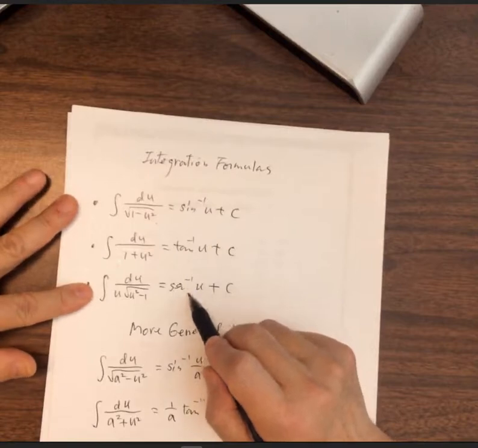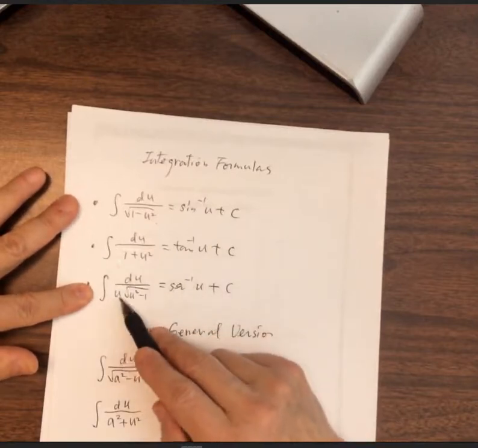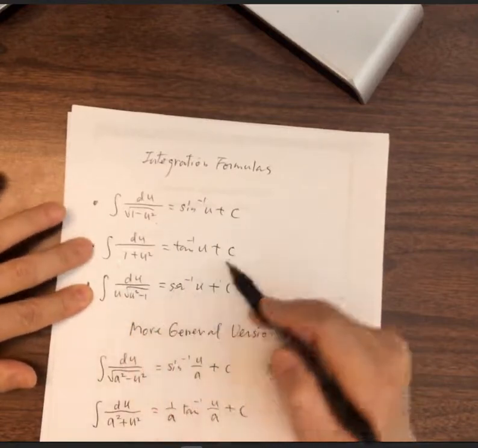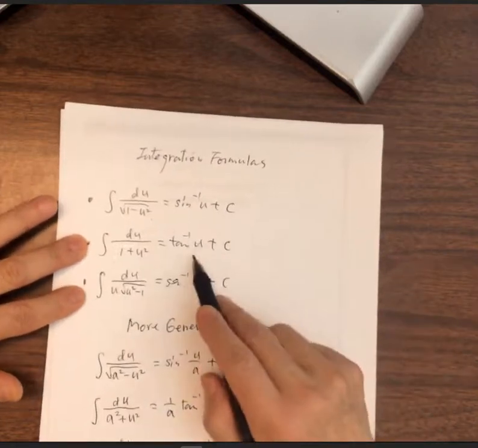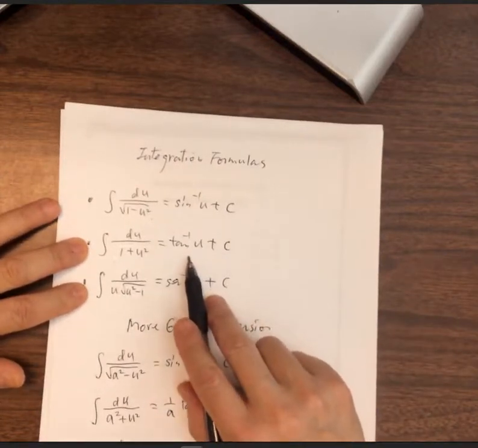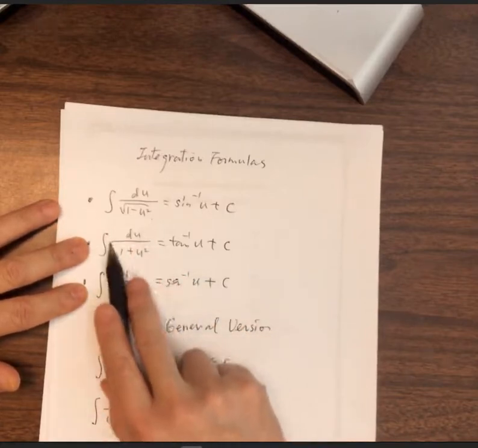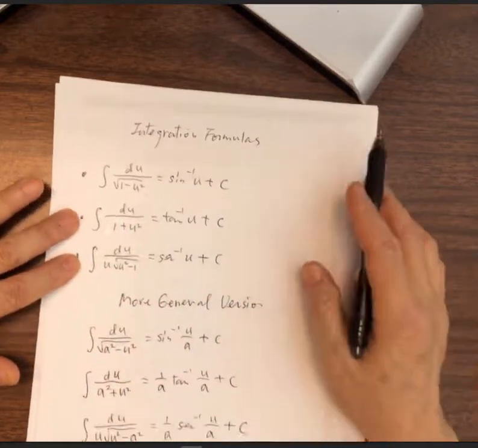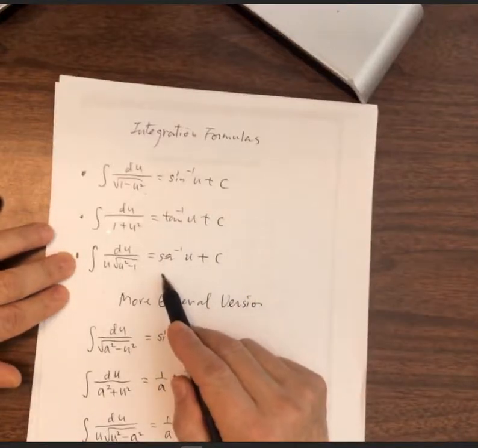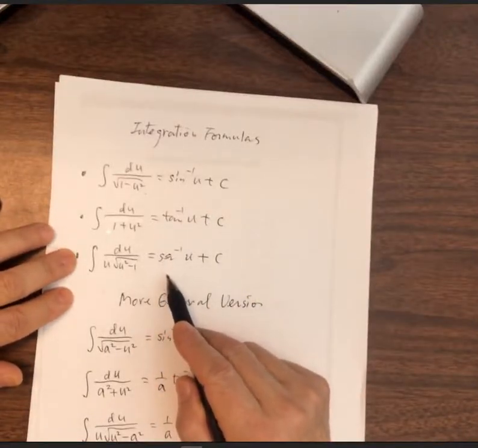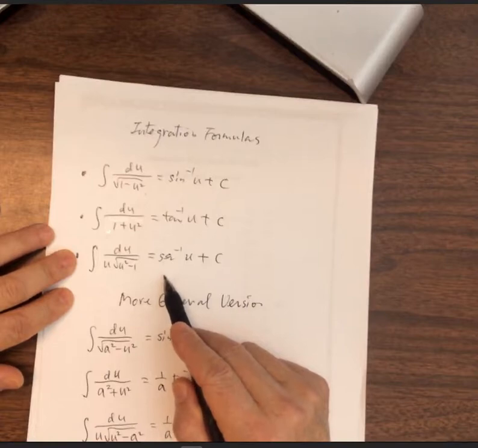Derivative of inverse secant is 1 over u square root of u squared minus 1. So we get those two. And from derivative inverse cotangent, we will not get any new formula. The same is with inverse cosecant.